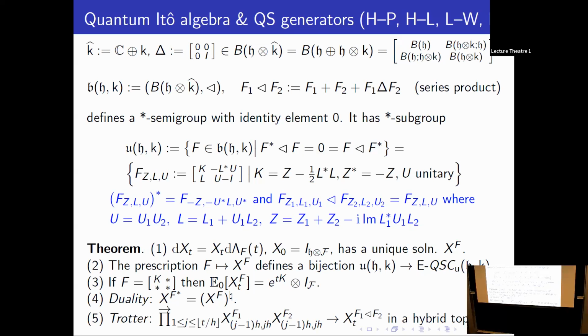And lastly, how this series product is reflected in terms of the process is through a Trotter product relation, and that will have echoes when I describe how you go from discrete to continuous. Okay.